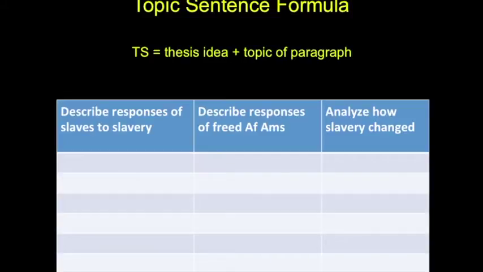And 3, an analysis of how slavery changed between 1775 and 1830. Each of these topics found its way to the top label of a column in our graphic organizer, and thus each one will form its own paragraph.